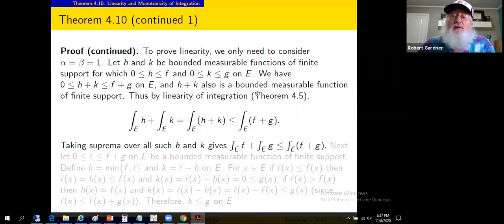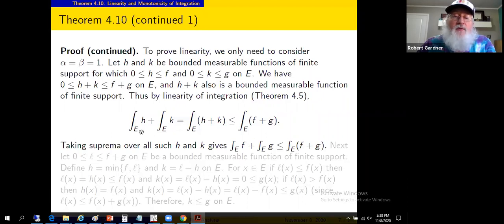And h plus k is also a bounded measurable function of finite support. Clearly, if h and k are bounded, then the sum h plus k is bounded. If h and k are of finite support, then the sum is of finite support as well. So h plus k is an appropriate style function. Now, if we integrate over E h plus k, I really want to relate that to this stuff over here, and I can. We've got linearity for these effectively class 1 functions.